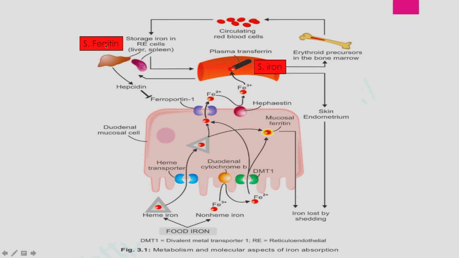The ferritin is the storage form, and the plasma transferrin is the available form. The iron becomes available only from the transferrin protein. So once again, the plasma contains iron bound to two types of protein. One is serum iron and another is serum ferritin.